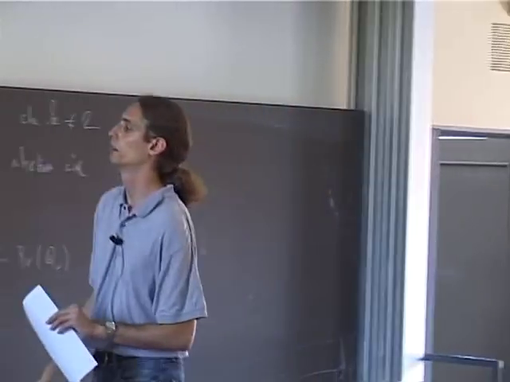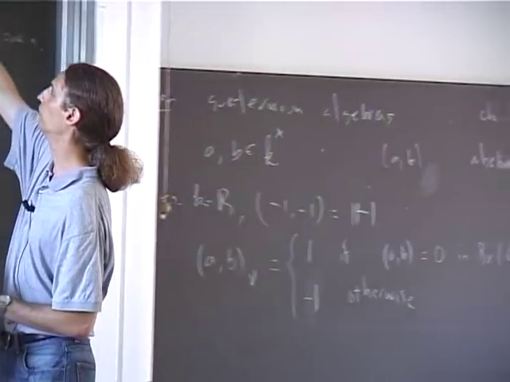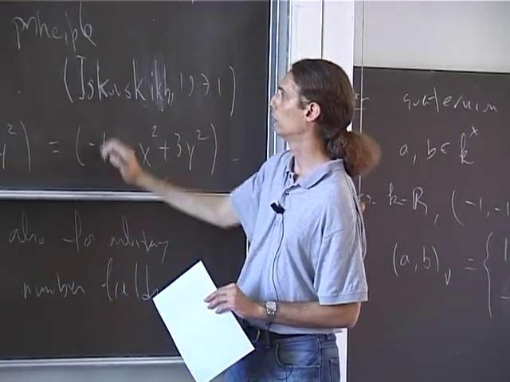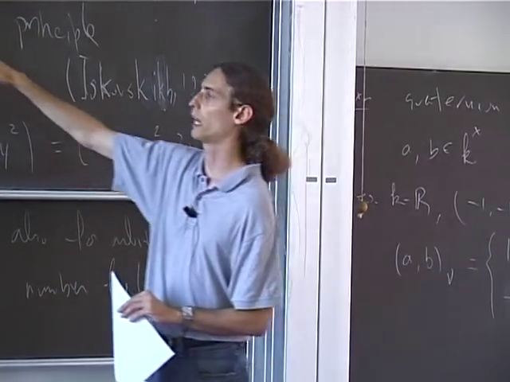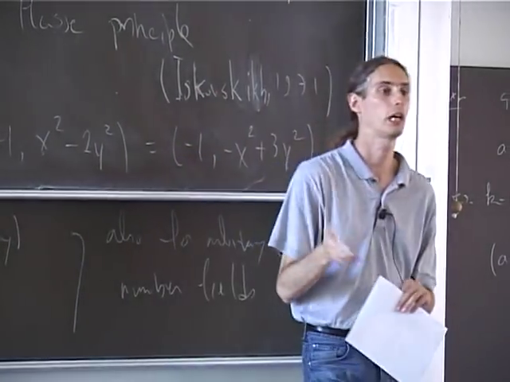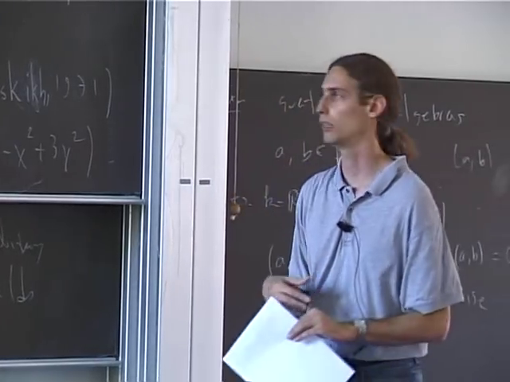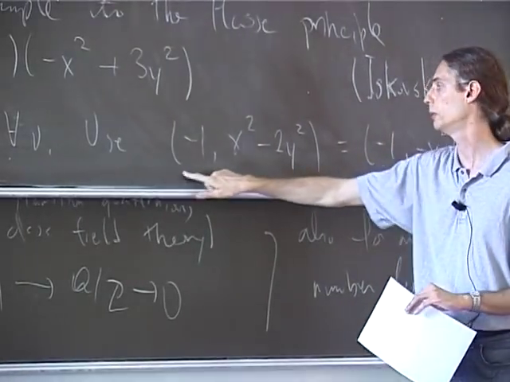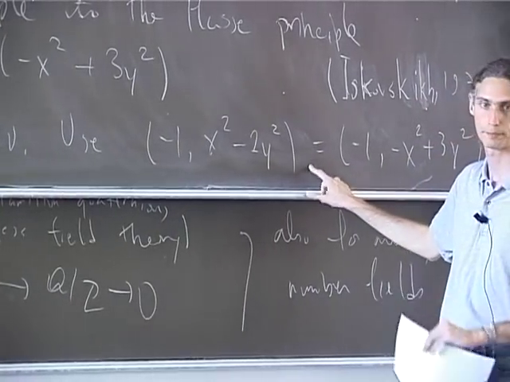And so this sort of argument will say that you get counterexamples to the Hasse principle, or you have some way of understanding the Hasse principle in a finer way by writing down elements of the Brauer group.